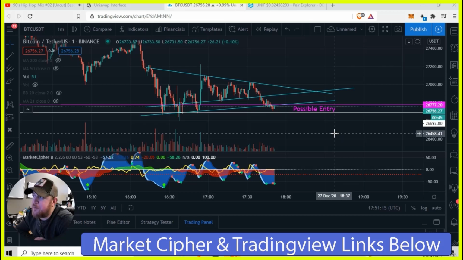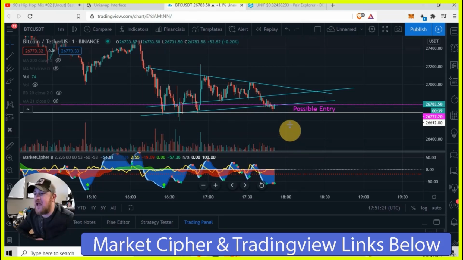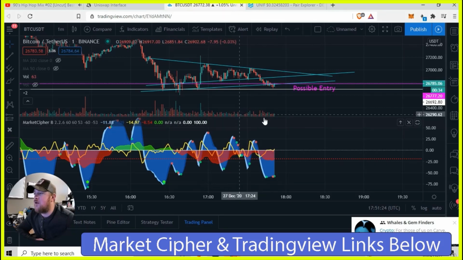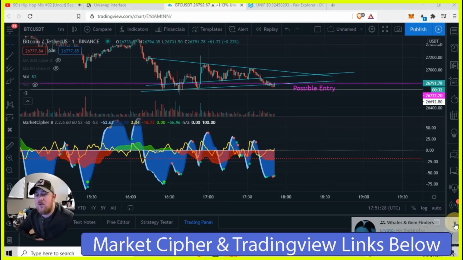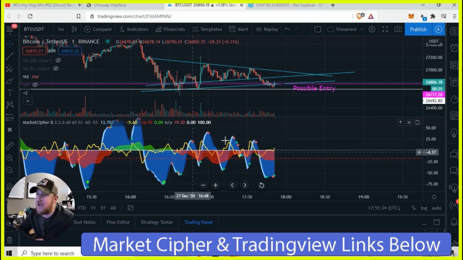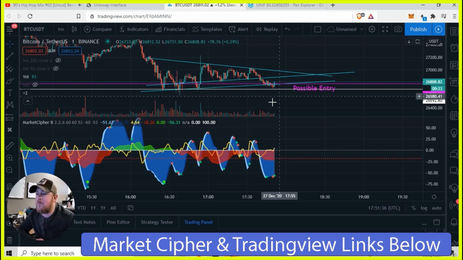I'm watching Bitcoin. The easy thing with this is Market Cipher on the bottom. We'll make that a little bigger for you guys again. Market Cipher is just slaughtering these calls. It is insane. As you can see, it's just ripping back up.